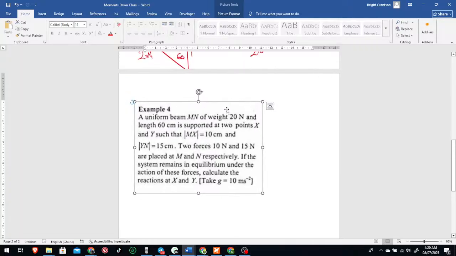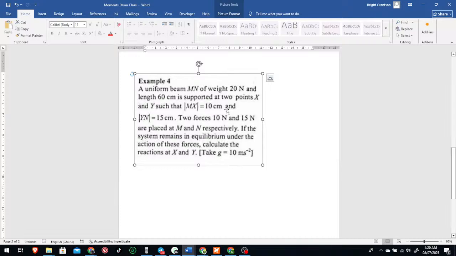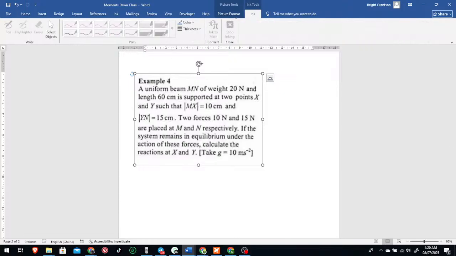So now it says a uniform beam. Now in this type of question, you have to know how to draw the diagram. The diagram is very important. So let's learn how to draw the diagram. It says a uniform beam. Right, a beam can be a what?